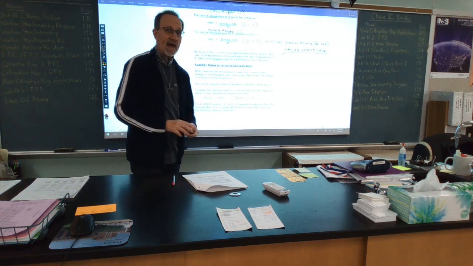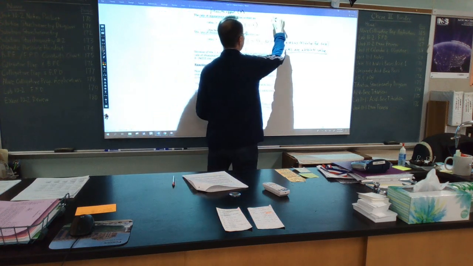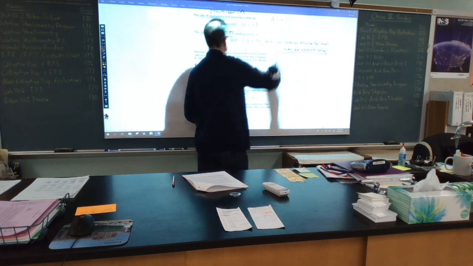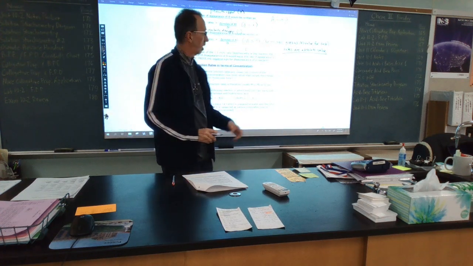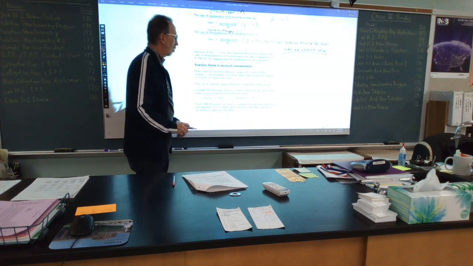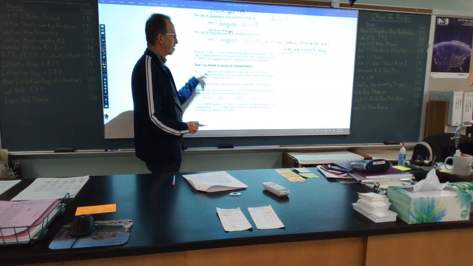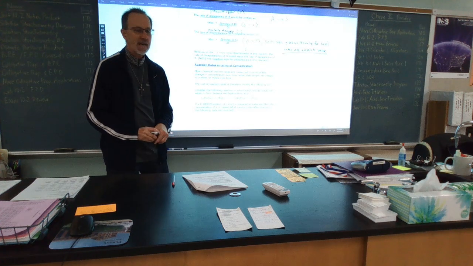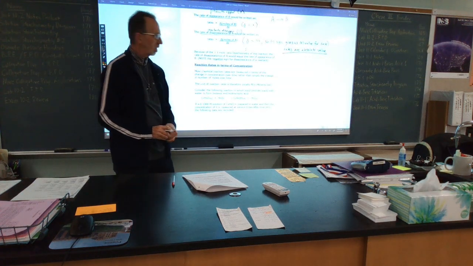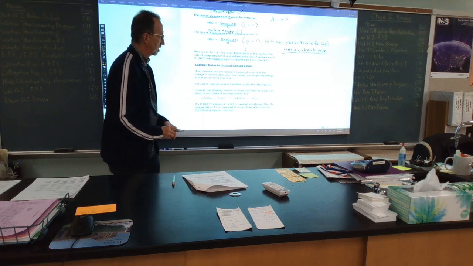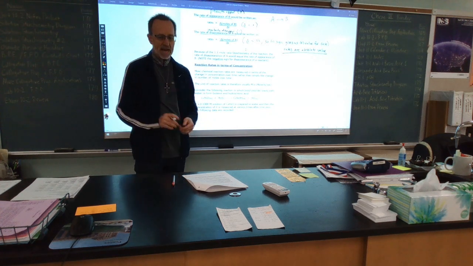Now, this particular reaction, remember, was just A and B. The mole ratio between A and B is 1 to 1. Because of the 1-to-1 mole ratio, the rate of disappearance of A will equal the rate of appearance of B. Remember, note the negative sign for disappearance of a reactant.